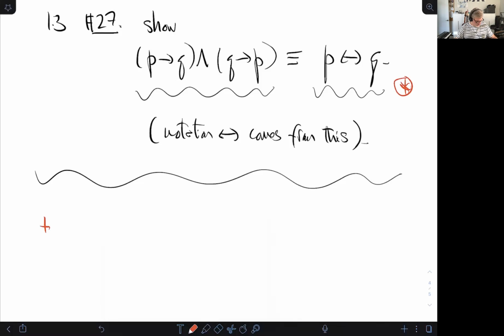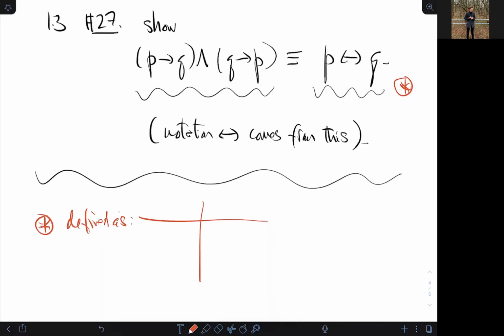So this was defined as follows. P if and only if Q. For me as a mathematician, yes, what's written there is the definition of P if and only if Q. But the way we defined it here was with the truth table as follows.